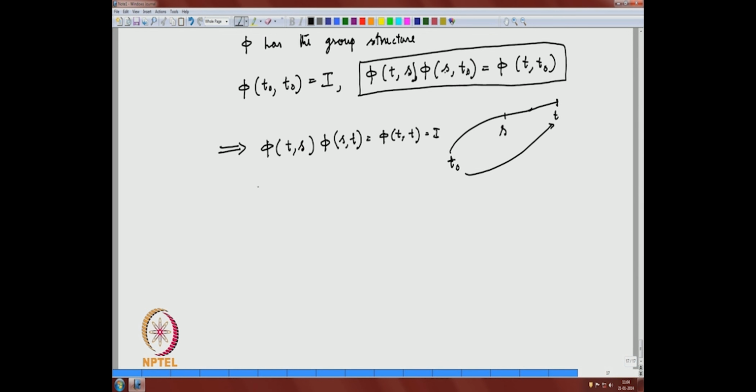So, you will get it as inverse of phi t s is equal to phi s t. You can prove all that. It's the same thing.